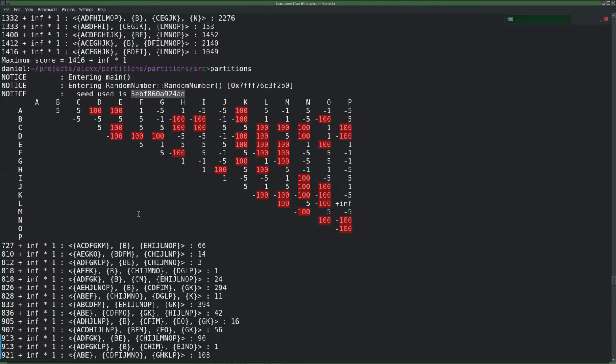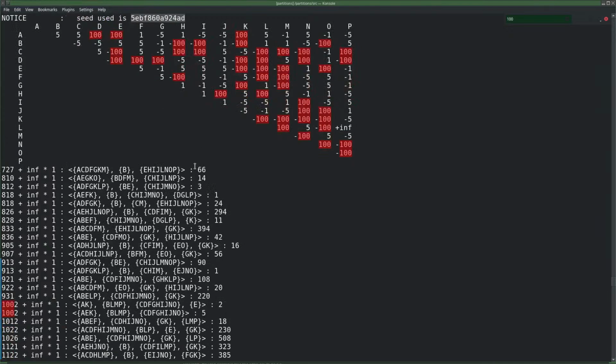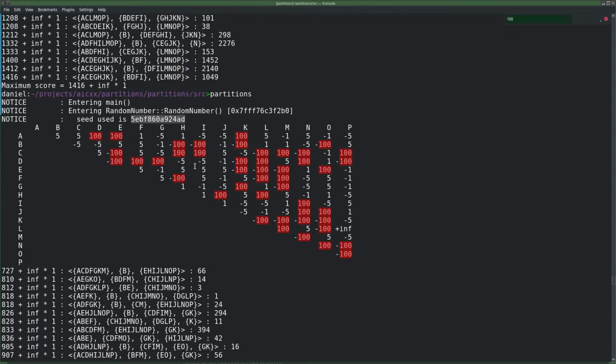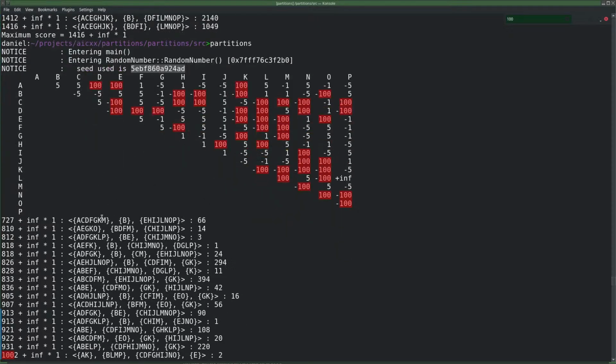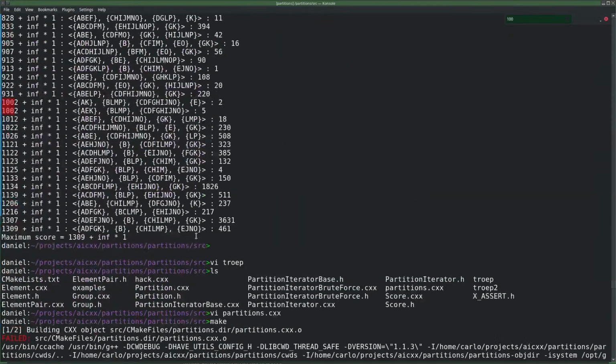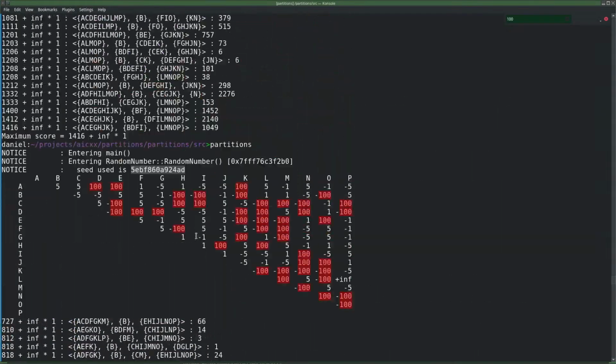I don't know why it's not printing the seed for the other random number. I'm also using random numbers to generate the partitions. It didn't print it, but I guess this should be enough.